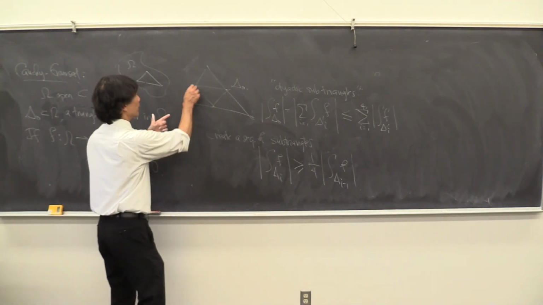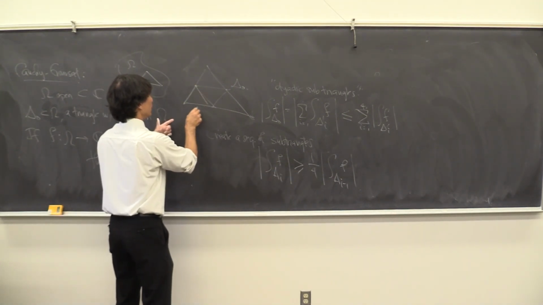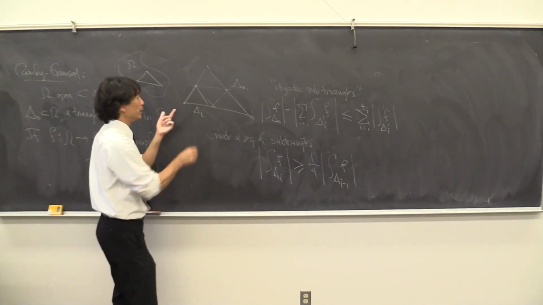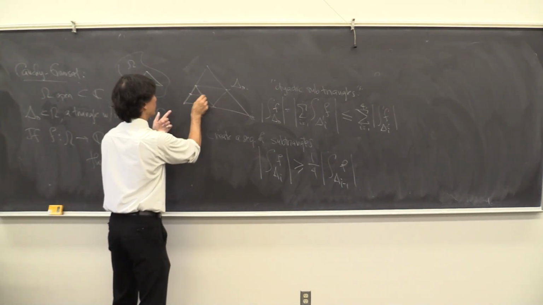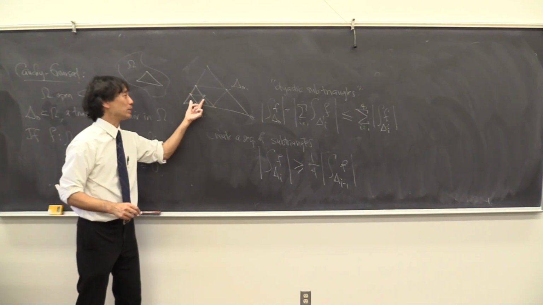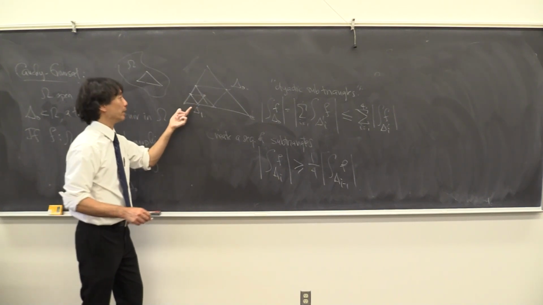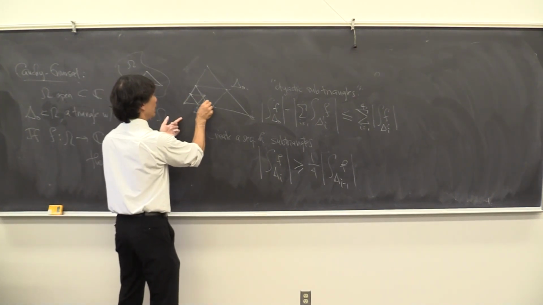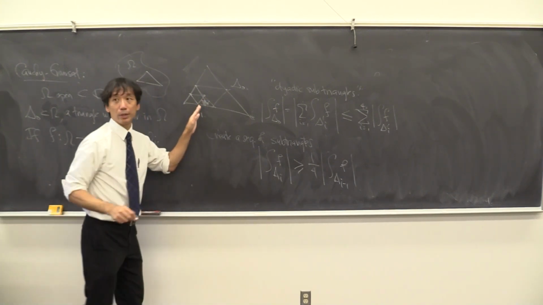Choose that guy, call it delta 1. Then iterate. Keep on going. At least one of these must eat up a quarter of the original. Call that delta 2, and so on and so forth.